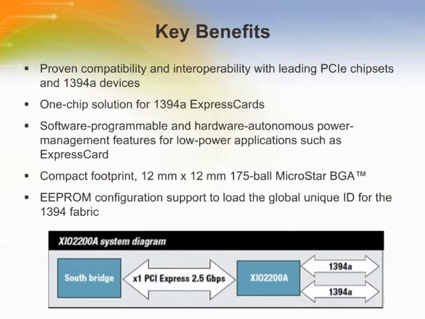It has software programmable and hardware autonomous power management features for low-power applications such as Express Card. An external 2-wire serial EEPROM interface is provided to load the global unique ID for the 1394 fabric. The XIO2200A is available in either 176 ball GGW or ZGW MicroStar BGA or a 175 ball ZHH MicroStar BGA package.